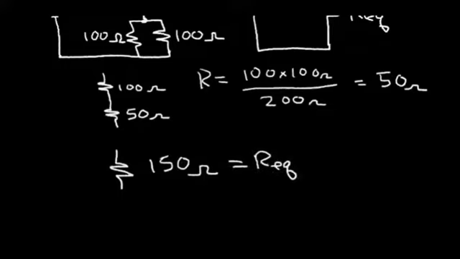Let's do another sample problem. Let's say we have three resistors in parallel. And to make the math simple, let's say this is 60 ohms, this is 60 ohms, and this is 30 ohms.